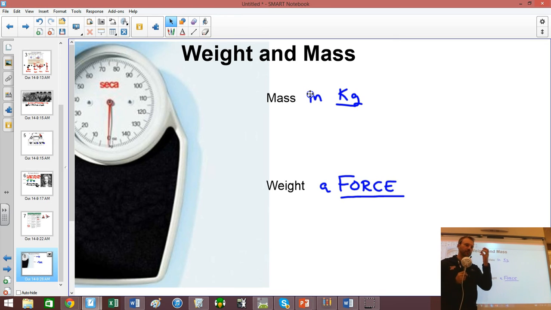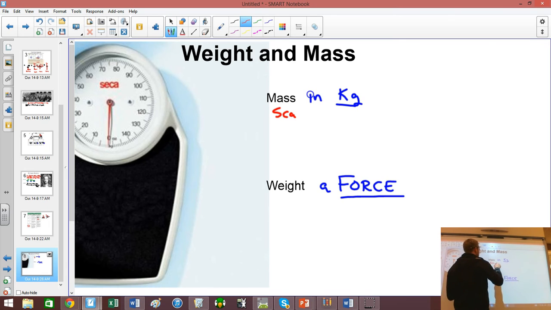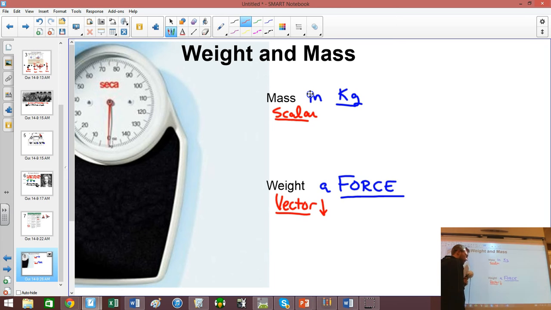You saw that the metal ball and the ping pong ball still accelerated in proportion to their mass. So mass is a scalar quantity. It doesn't need a direction. Weight is a vector quantity. It's always pointing down towards the center of the earth.